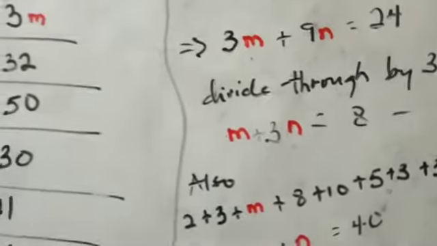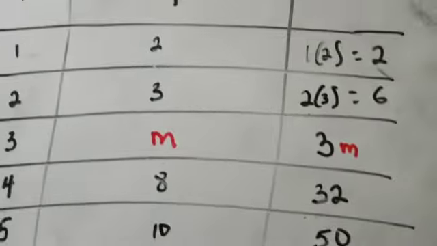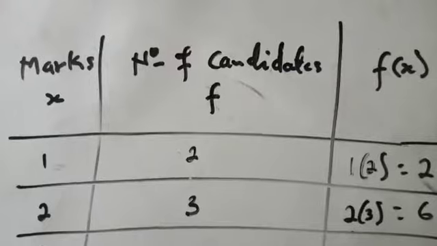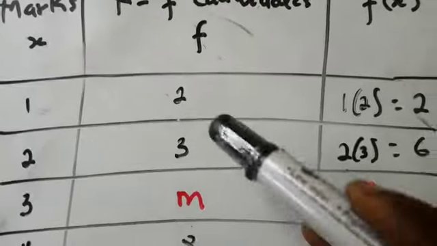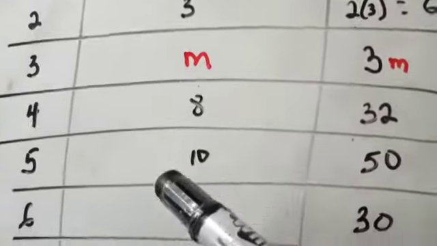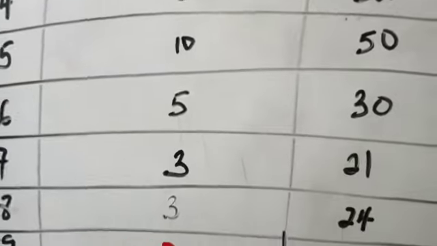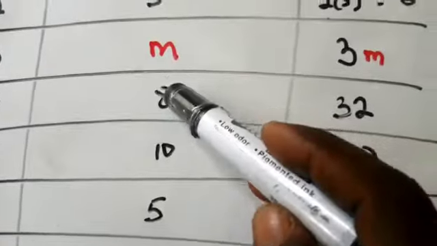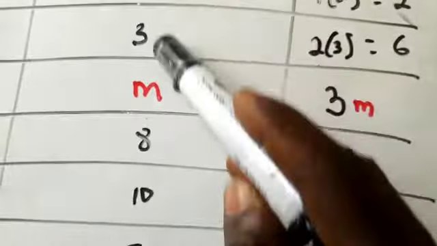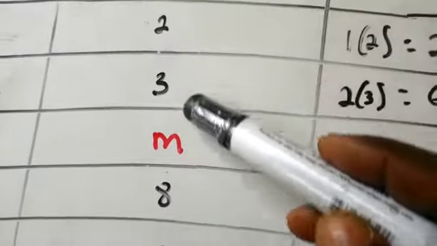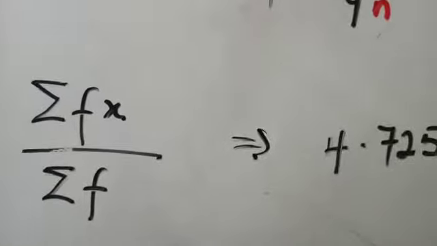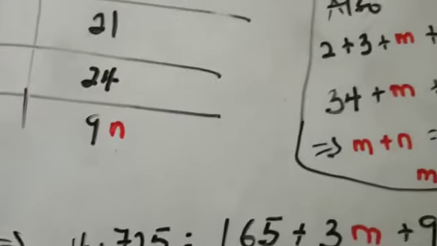Then remember that they say the candidates that participated are 40, meaning that when I sum all the frequencies here, I should get 40. Someone will ask, what about the variables? Don't worry about it. When I sum everything here, that gives the summation of the frequency, and from the question we were told it is 40 candidates.